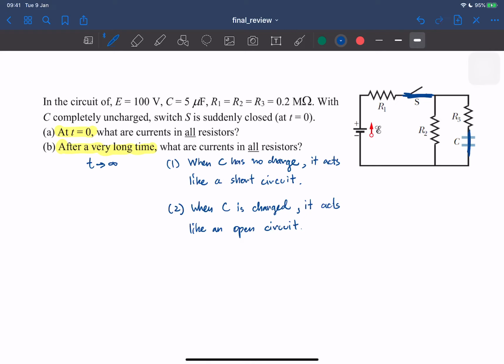You can just replace C with a piece of wire. So at t equal to 0, the circuit looks like this: a battery, R1, and then R2, and then R3.